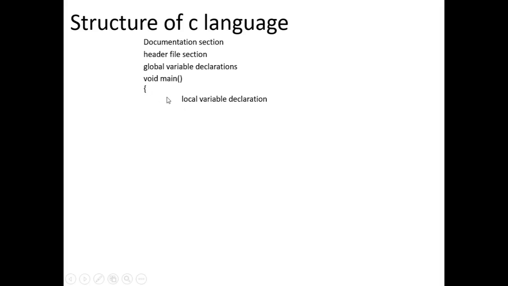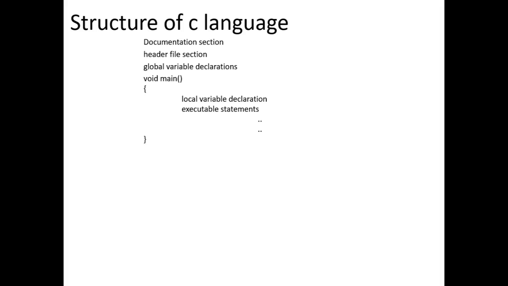Within any block or within any function, the first statement should be the declaration statement with respect to C language. And we can write all the executable code that is required for our program, and this function should end with the closed curly brace.